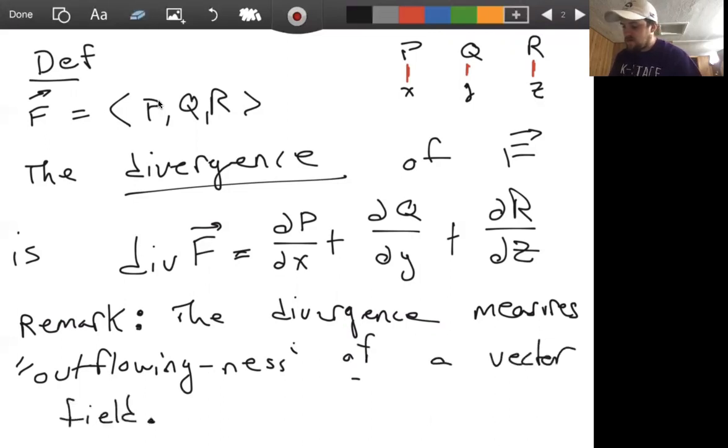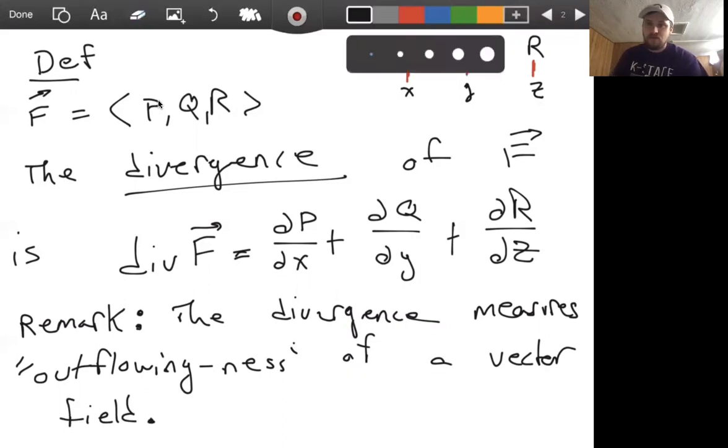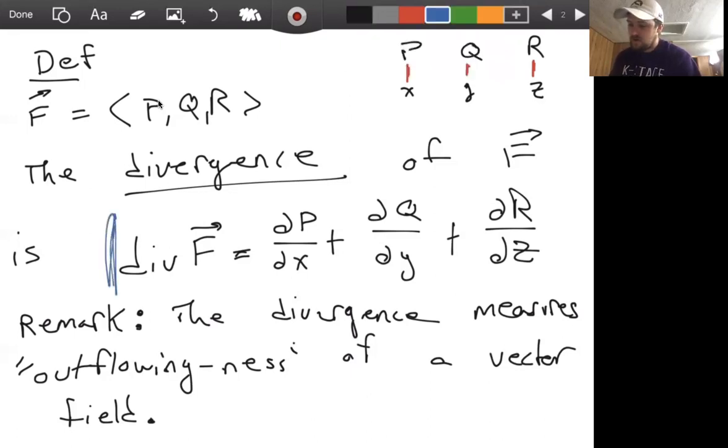Okay, so this tells you at a given point, is more flowing out or is more flowing in to this point? And if more is flowing out, we have a positive divergence. If more is flowing in, we have a negative divergence. If it's equal, we have no divergence, okay? And so we'll see some examples here. But first, let's unpack this definition a little more.